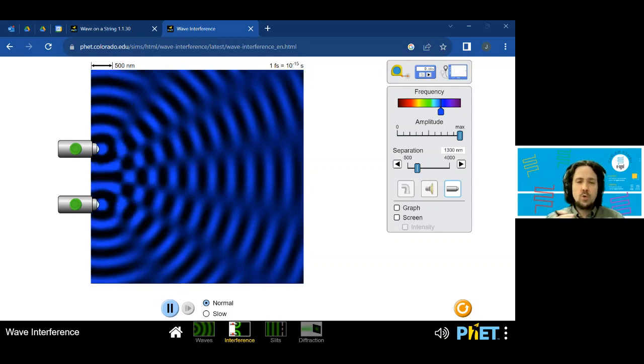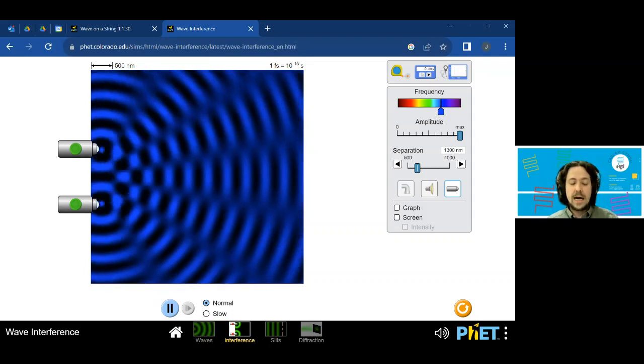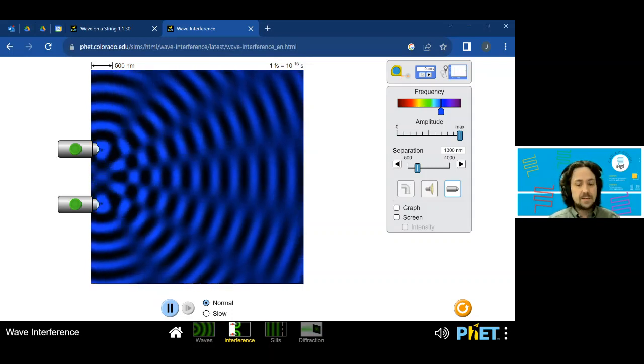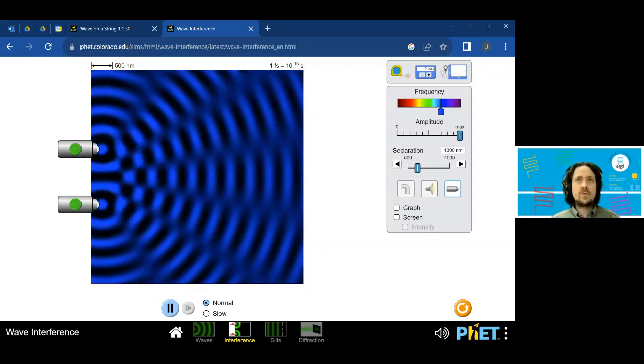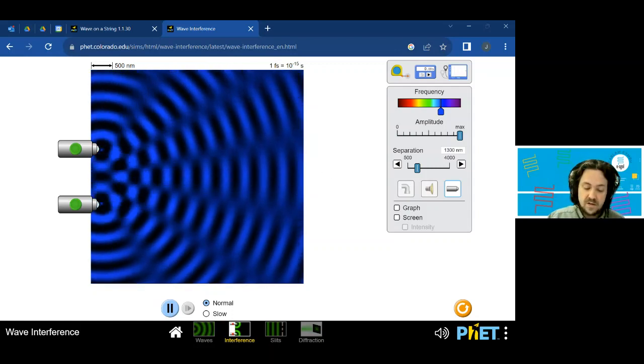Those two wave sources are going to produce identical waves. As they interact, there are places where the waves interact in such a way that we get constructive interference, which can be seen throughout the center here.